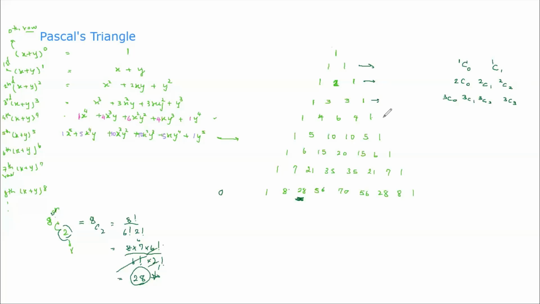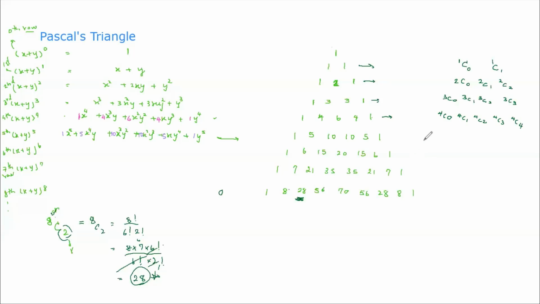Then the fourth row, you can write it down now, right? The fourth row starts with n equal to 4, 4C0, which is 1, and the next one is 4C1, equal to 4. And 6 here is 4C2, and 4 here is 4C3, and the last one is 4C4.